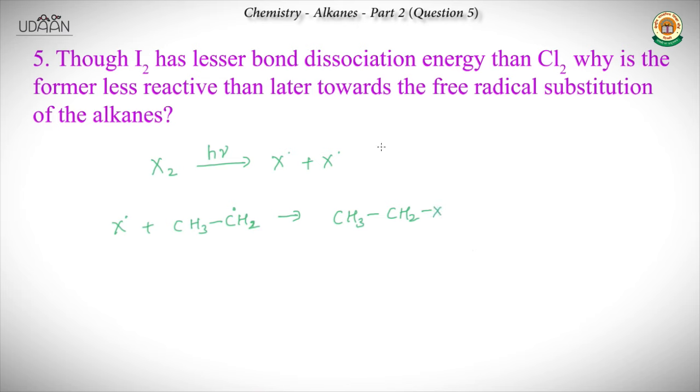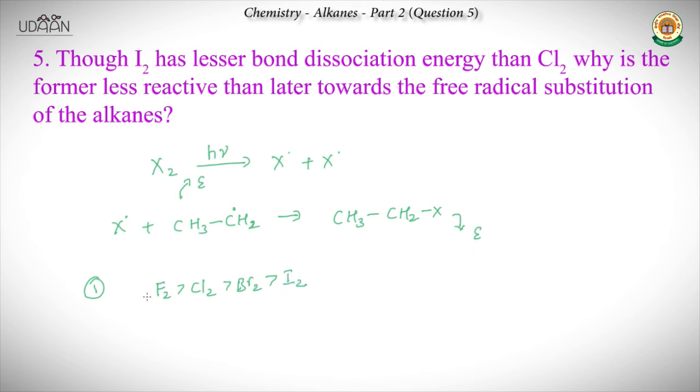Now in the first case you are inputting energy, whereas in the second case energy is being released. So in the first case, the energy required for fluorine is greater than chlorine, is greater than bromine, is greater than iodine. So the first step favors iodine over chlorine.